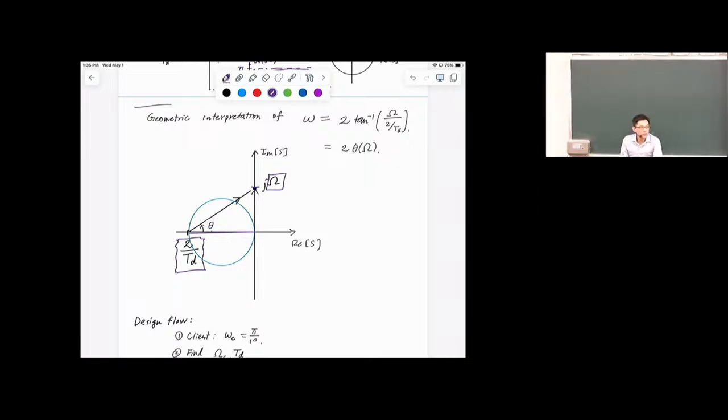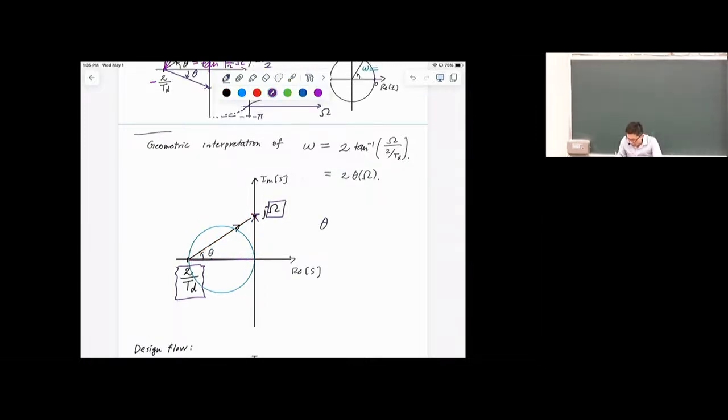the unit of frequency. So when we imagine this triangle, then the theta right here is the arctangent of the opposite side divided by the adjacent side, basically y divided by x. Theta, of course, is arctangent of omega divided by 2 over T_d.